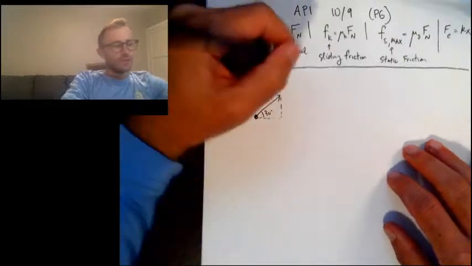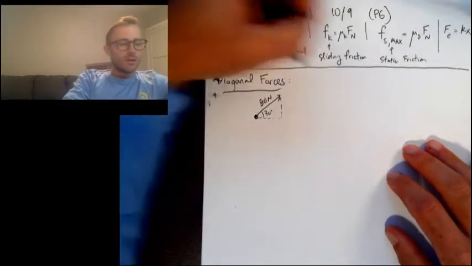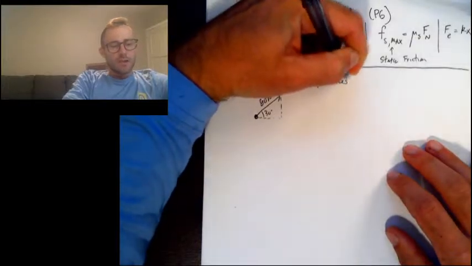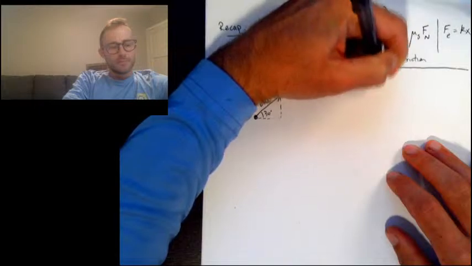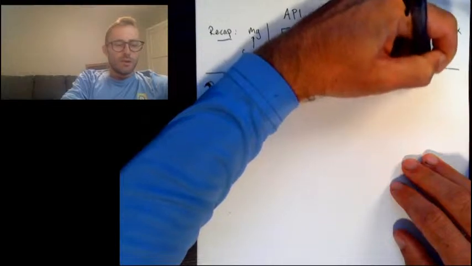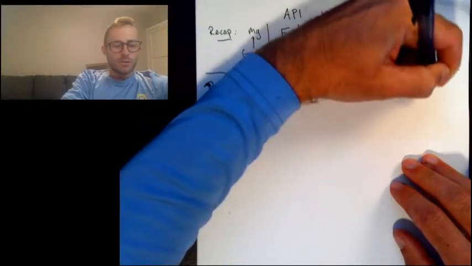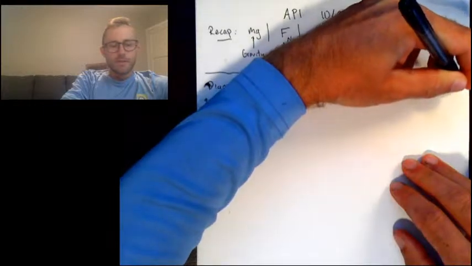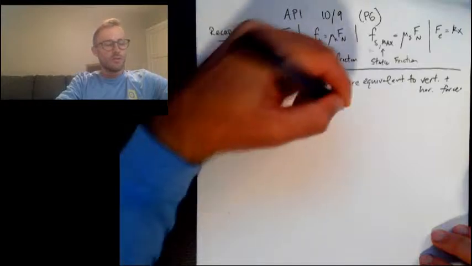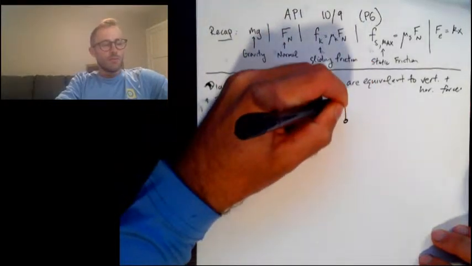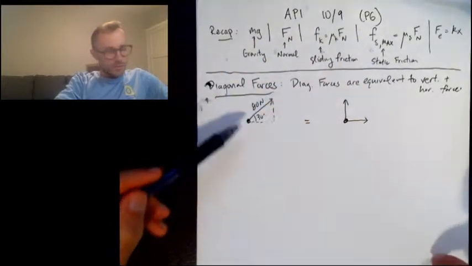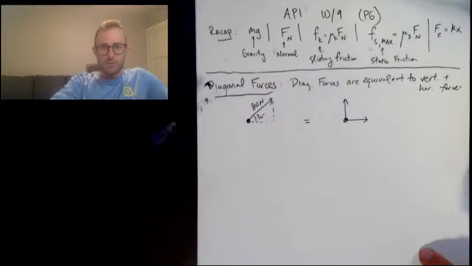It turns out that diagonal forces are equivalent to a vertical and a horizontal force. So this diagonal force is completely equivalent to an up force and a rightward force. So a diagonal force is like two forces combined, one being vertical and one being horizontal.